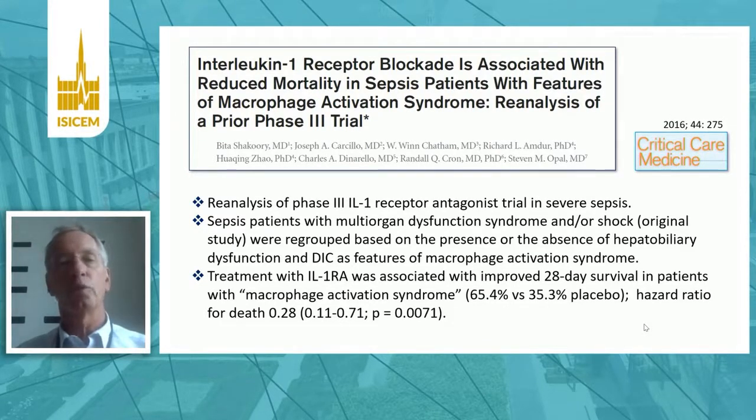However, in a recent performed retrospective analysis, when patients were stratified into those with evidence of the macrophage activation syndrome, as indicated by hepatobiliary dysfunction and disseminated intravascular coagulation, and into patients that did not have evidence for macrophage activation syndrome, it was clear that in those with evidence, there was a strong survival benefit of those treated with interleukin-1 receptor antagonist, with a survival increase, as is shown on this slide, which was very significant.